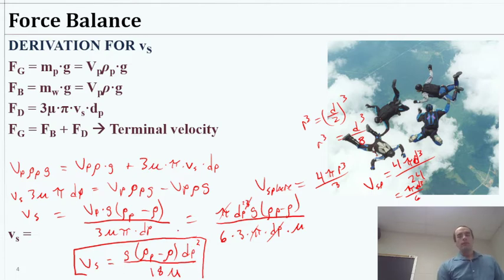All of those divided by this 18 mu. So mu is in kilograms per meter per second. So again, meters and seconds everywhere, kilograms. All of those will eventually simplify to meters per second units. Good way to check the process as well.